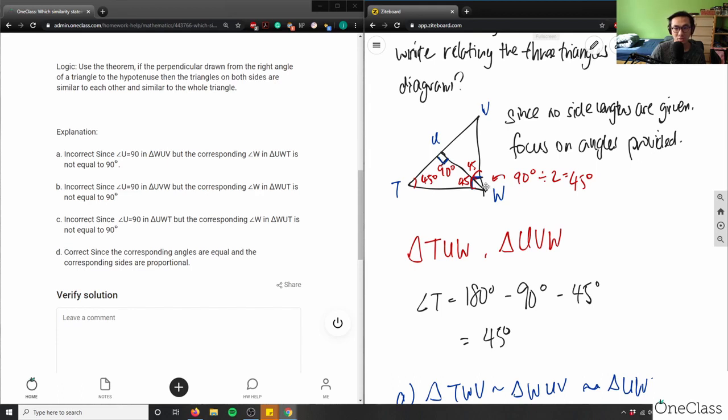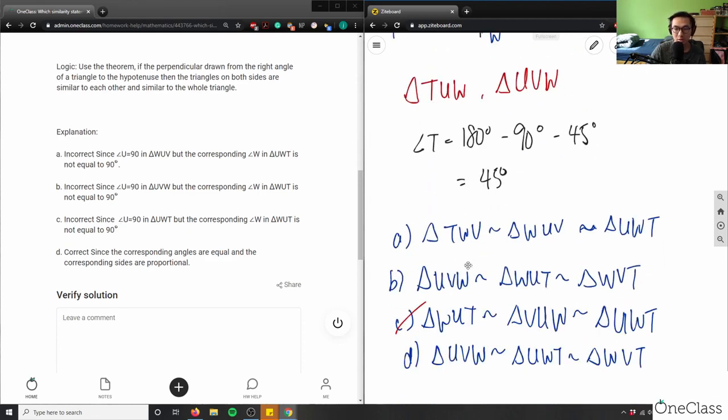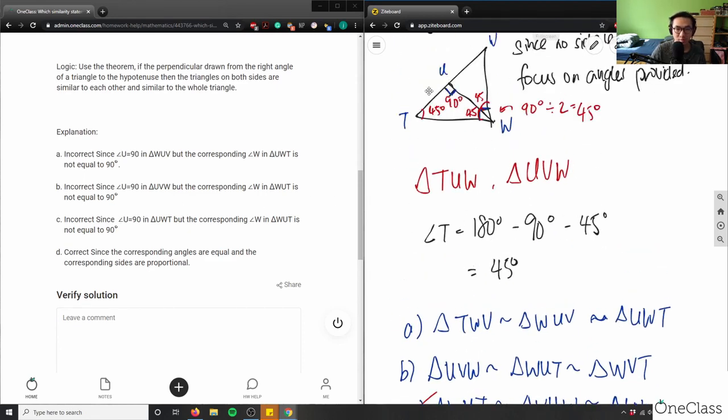They're taking these two angles and saying angle W here is 45 actually instead of 90, so it's incorrect. Similarly for B, U is 90 in UVW, but the corresponding W is not equal to 90. Again, this here is 45. For C, we already talked about this logic. It's talking about the same triangle.